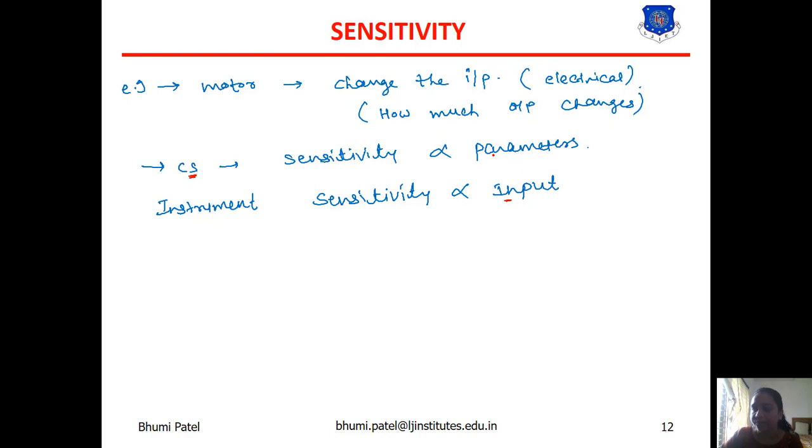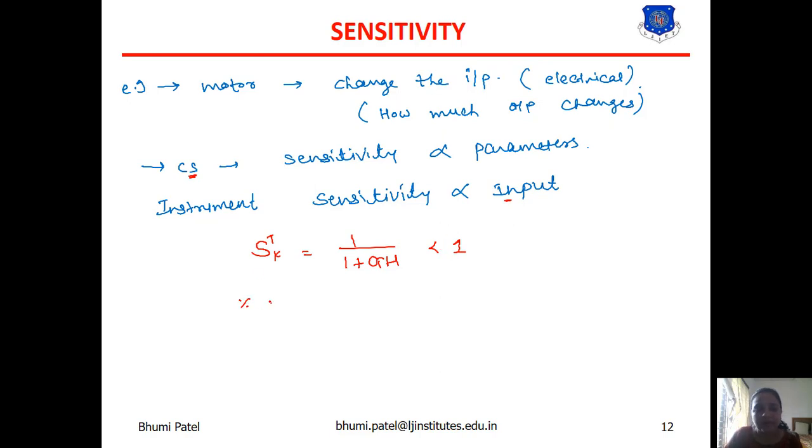Okay, now the sensitivity of any system, the perfect sensitivity of any system, the value of the sensitivity is always less than 1.